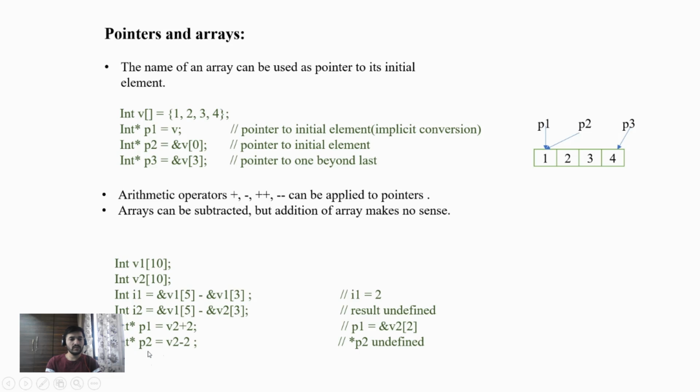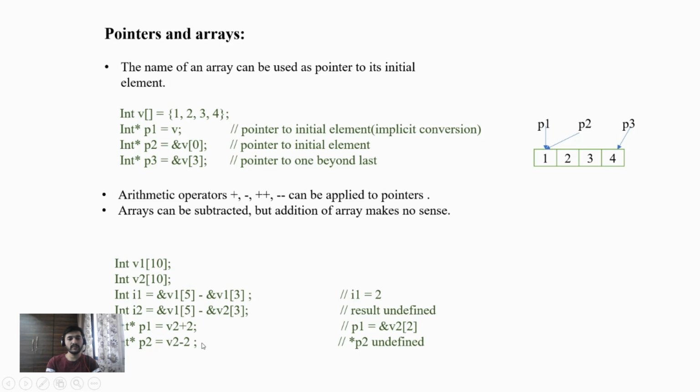Similarly, for p2, we can subtract any number from the pointer, okay. So when we perform addition and subtraction on the pointer, the result is always a pointer. I repeat, when we perform addition or subtraction with the pointer, the result is always a pointer. So here v2 is acting as a pointer to the array, because the name of the array always acts as a pointer through the implicit conversion.